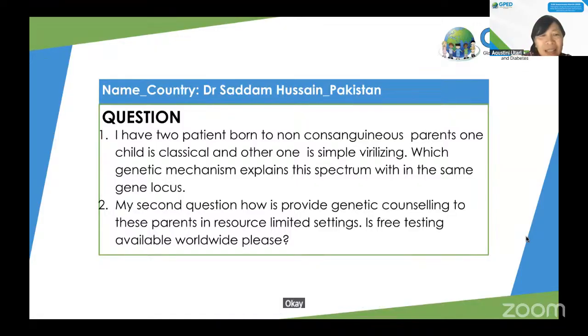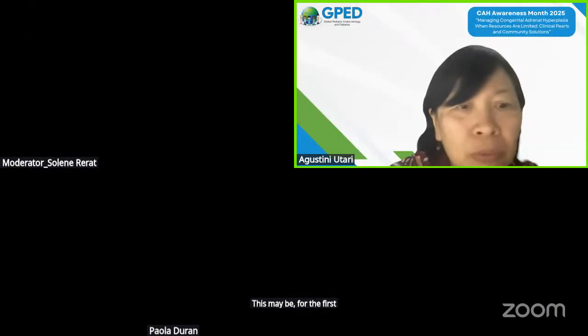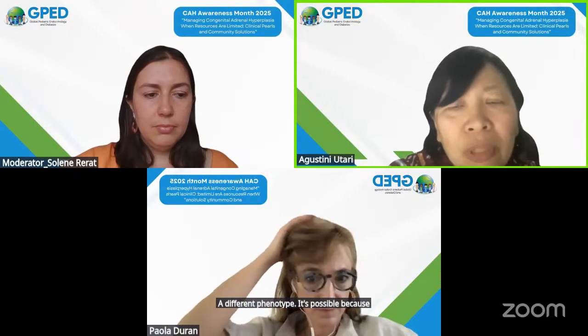Okay, thank you for the question, Dr. Saddam Hussein from Pakistan. So this may be for the first question, why they have a different phenotype. It's possible because of compound heterozygosity within the CYP21A2 gene mutation. So this means that each parent carries a different mutation in the CYP21A2 gene, and the child may have inherited a different combination of those mutations.